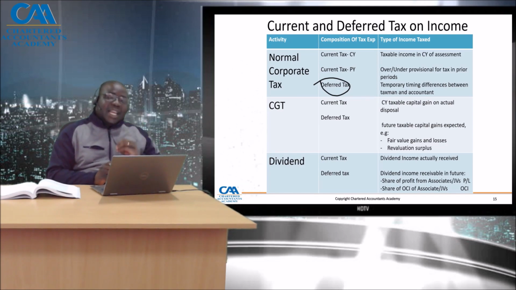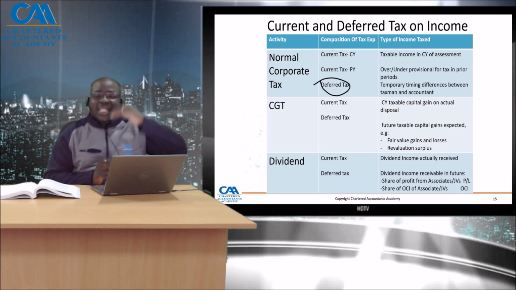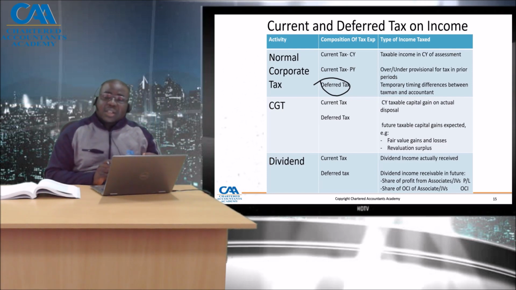But if I have got my land now and I have remeasured my land and it has increased in value such that when I sell it in the future, I will be asked to pay capital gains tax, I should accrue a deferred tax liability in the current period.